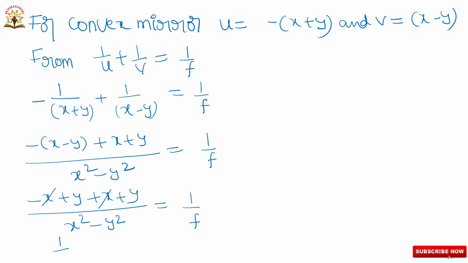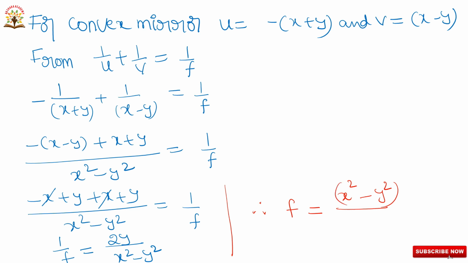So 1 by f is equal to y plus y, 2y by x square minus y square. Therefore 1 by f is equal to 2y by x square minus y square. So f is equal to x square minus y square by 2y. This is the final answer.